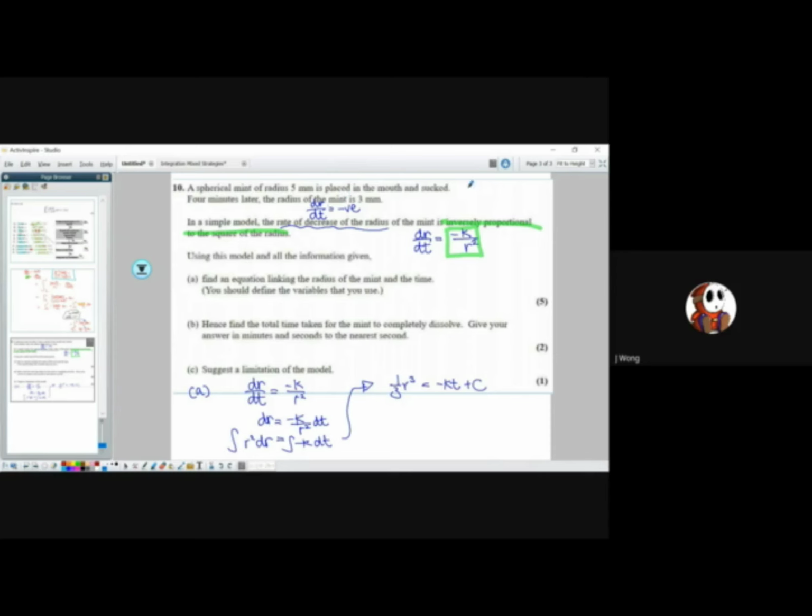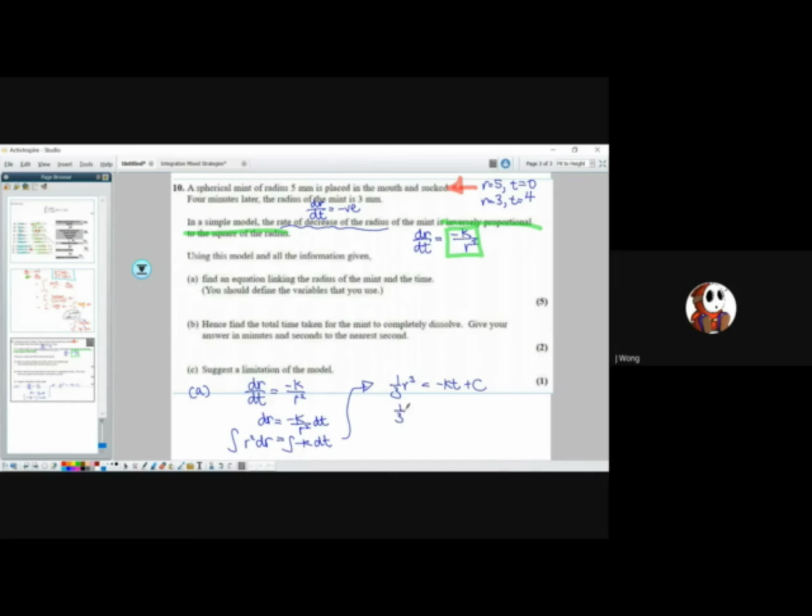So the first statement, they told you that r is 5 when t is 0, and then r is 3 when t is 4. So that's why you could just use it and then find the values of k and c.